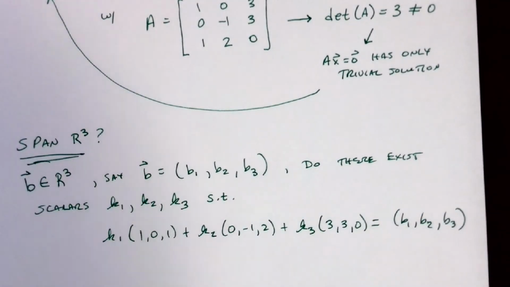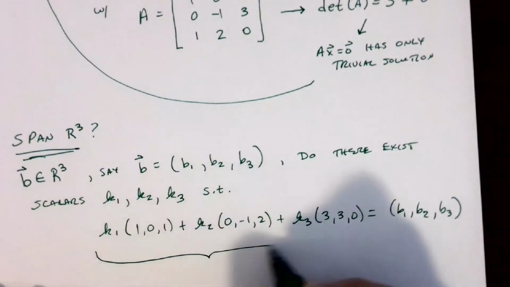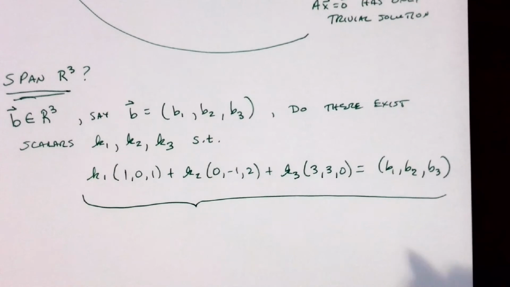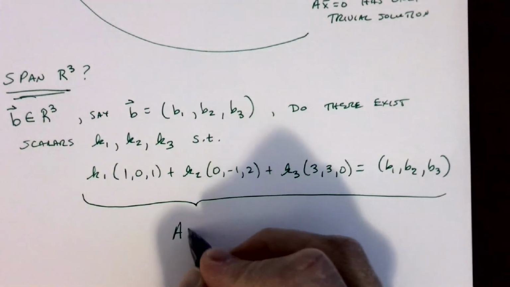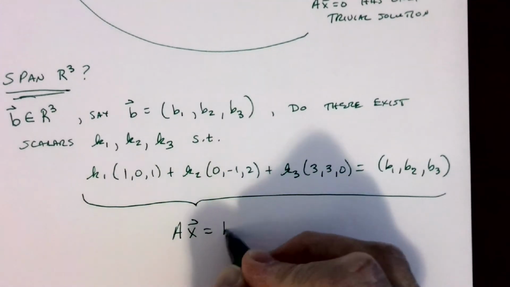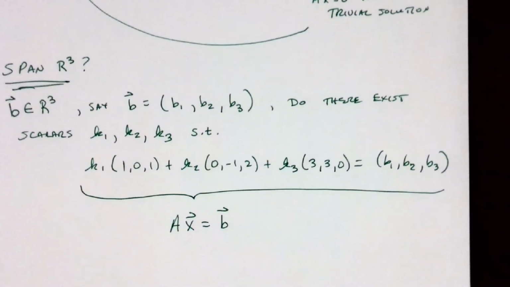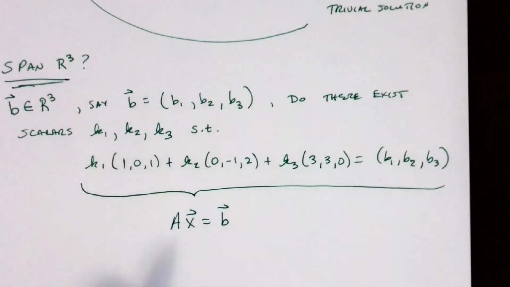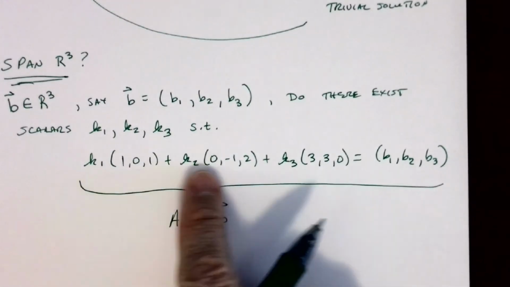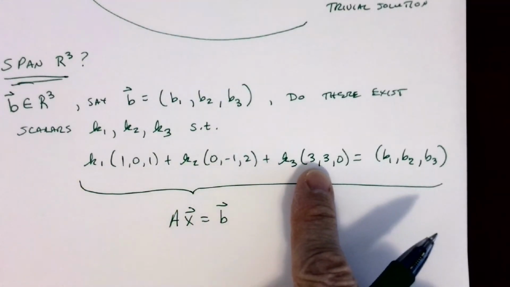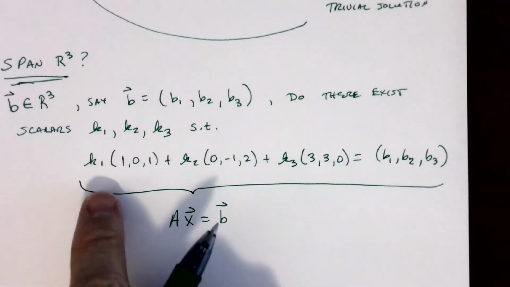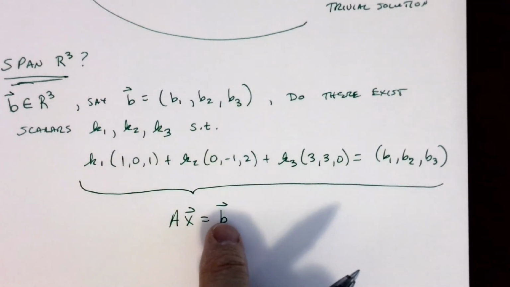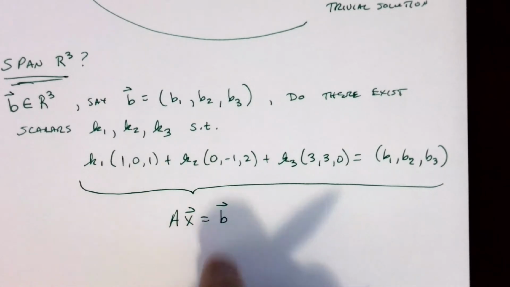Right? Well, this yields a system of, again, 3 equations and 3 unknowns, which is AX equals B. Okay? And this A is the same as the A above, from this part right here, we're going to construct the A. Remember, X again is our unknowns, K1, K2, K3, and of course our column vector B here is B1, B2, B3.